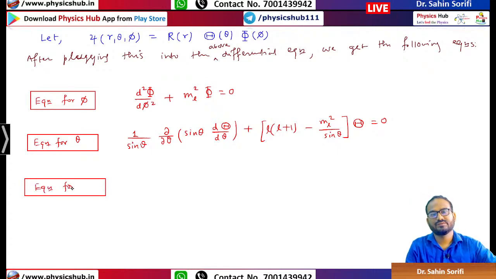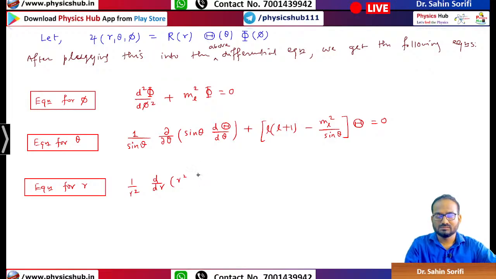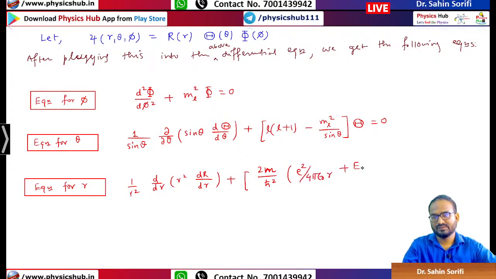What remains is the equation for r. It is 1 by r squared d by dr of r squared dR by dr, plus twice m by h cut squared times e squared by 4 pi epsilon naught r plus E minus L into L plus 1 divided by r squared, times R equals 0.